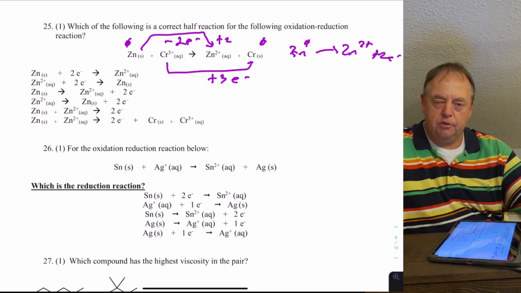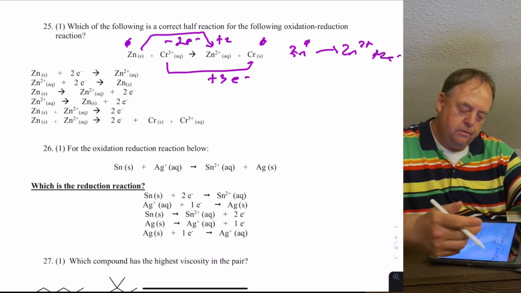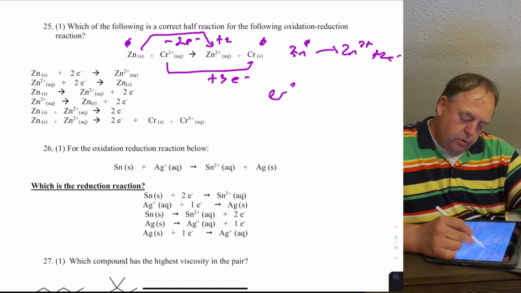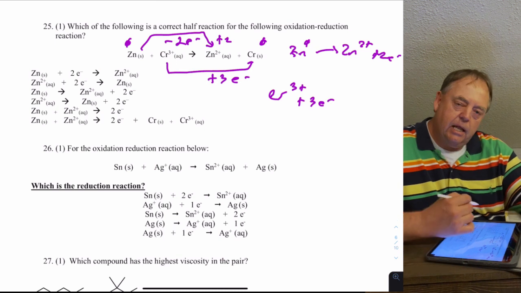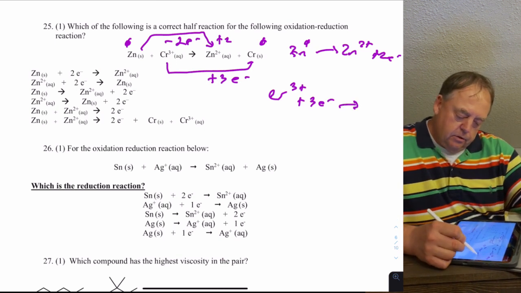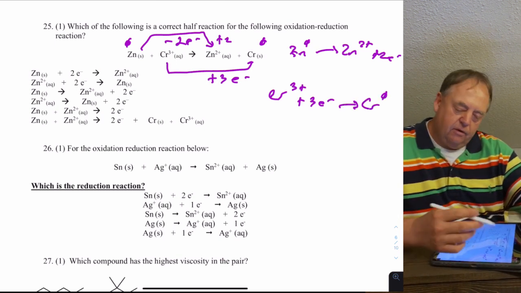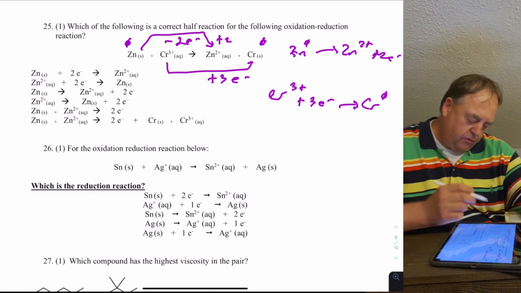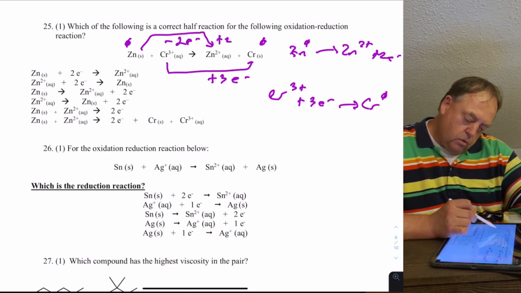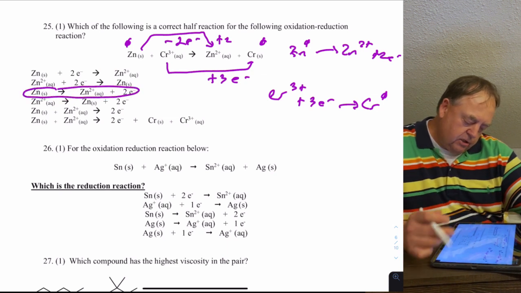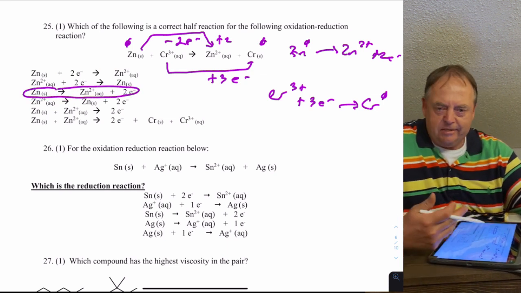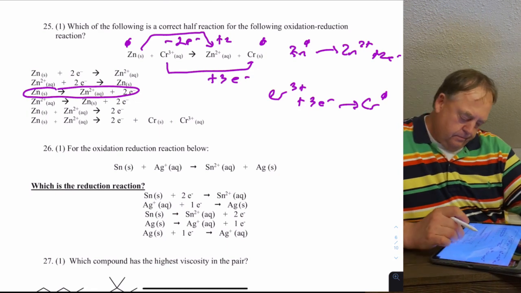It lost 2 electrons, so electrons are on the right of the arrow. And chromium 3+ gains 3 electrons, so you write them on the left of the arrow. Goes to chromium 0. So you're looking for one of those 2 reactions. That's your 2 half reactions. And so zinc to zinc 2+ plus 2 electrons, that's one of them. And your other half reaction is not shown. It's not one of the choices.